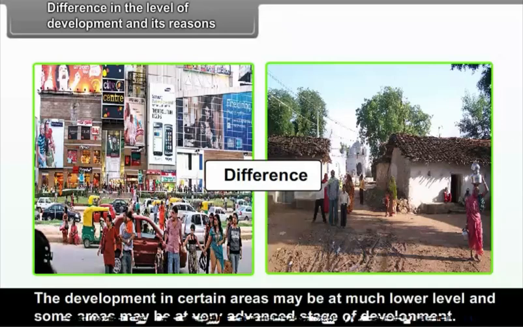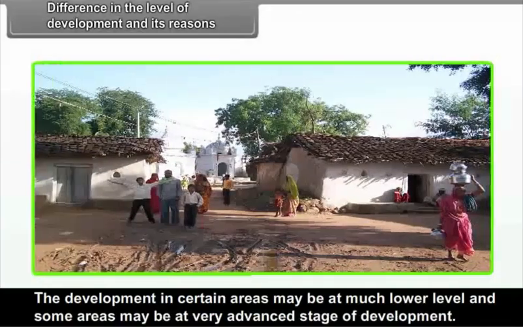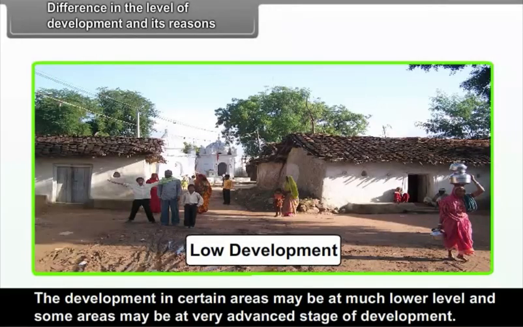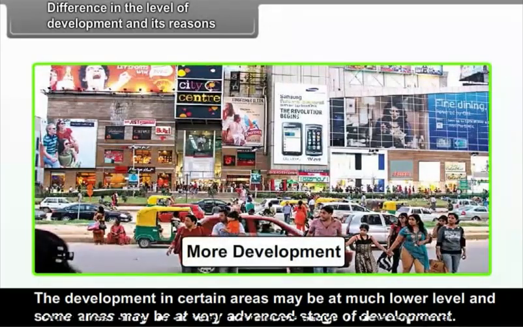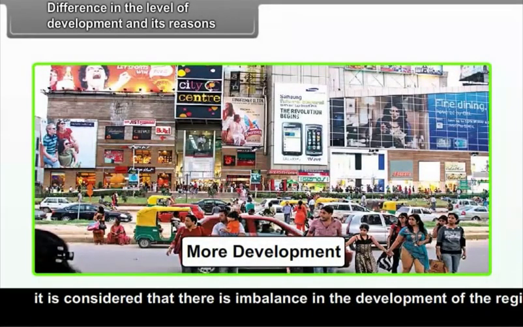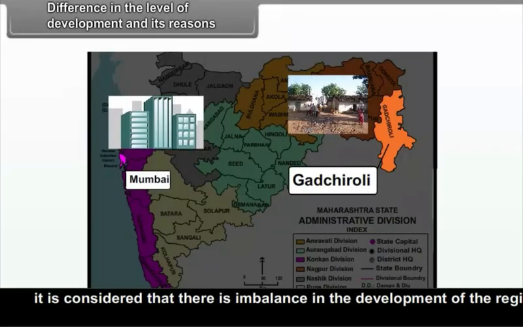The development in certain areas may be at much lower level and some areas may be at a very advanced stage of development. If in any region there exist very high differences in the levels of development among different parts, it is considered that there is imbalance in the development of the region.